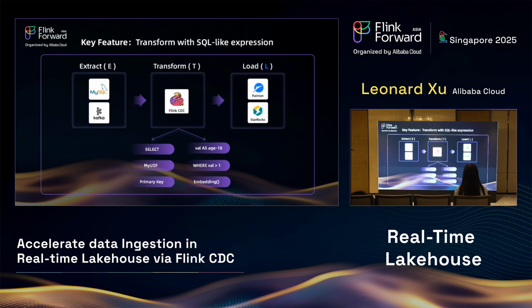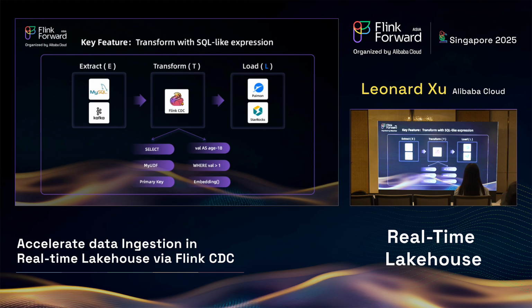Another feature in Flink CDC is transform. We support transforms like projection, filter, and UDF with SQL-like expressions. For example, if you want to project some fields from a wide table, you only need to define the select clause in your Flink YAML file.